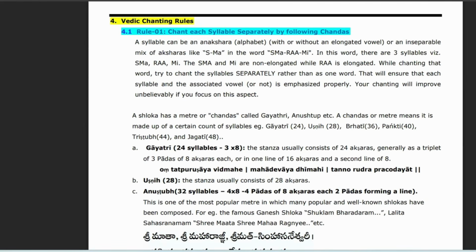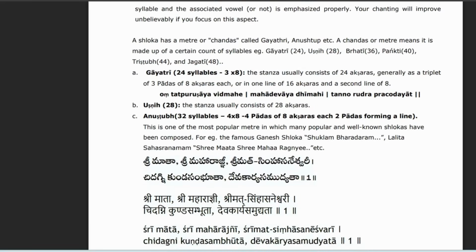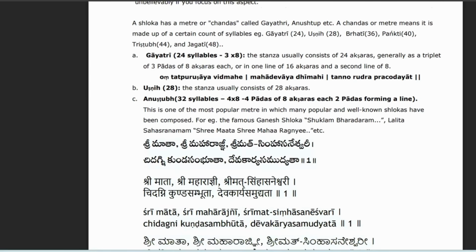The common meters are Gayatri, Anushtup, Pushni, etc. And there is some explanation here. Most of the stotras like Lalita Sahasranamam, Vishnu Sahasranamam, and even the Durga Saptashati, have an Anushtup Chanda.